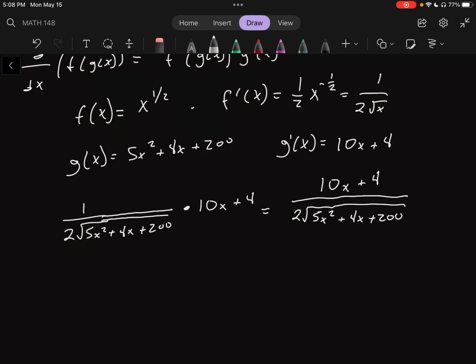Furthermore, we can simplify this. Both these numbers are divisible by 2, so we factor that out.